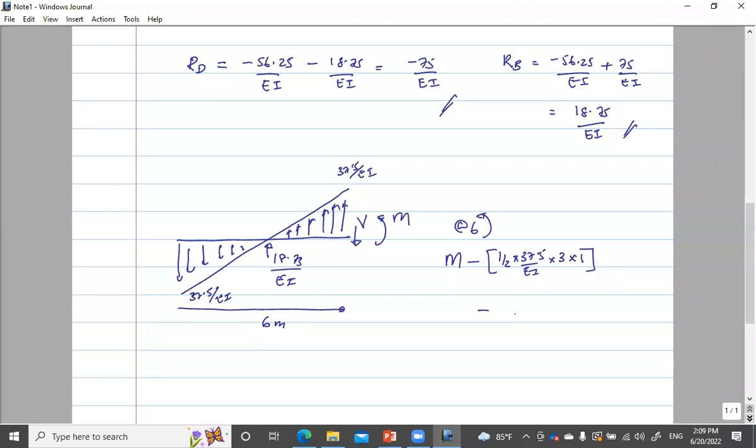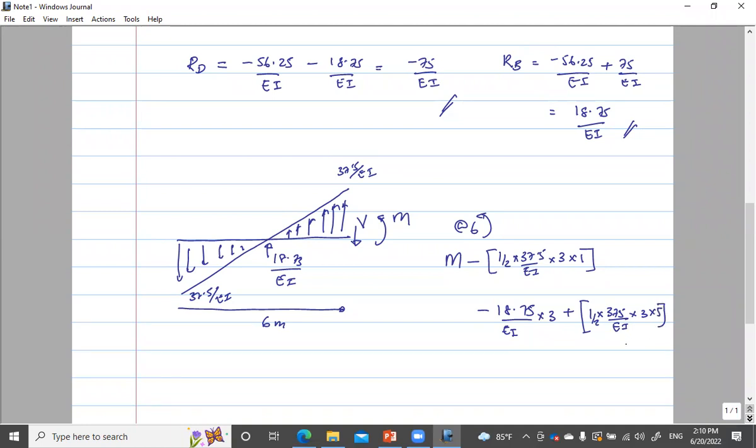So minus 18.75 over EI into 3 plus half into 37.5 over EI into 3 into the distance to the centroid of the downward load, which is 3 plus 2, 5.